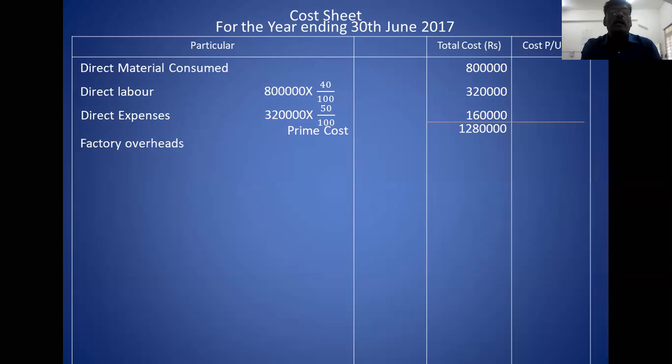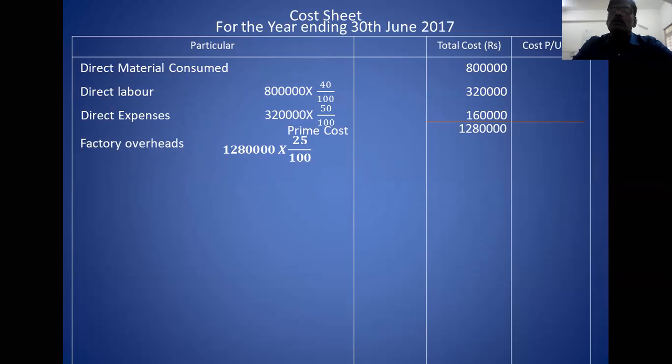Then add factory overhead. Factory overhead is 25% on prime cost. It is given in the problem. They asked to calculate 25% on prime cost. So prime cost is 12,80,000.